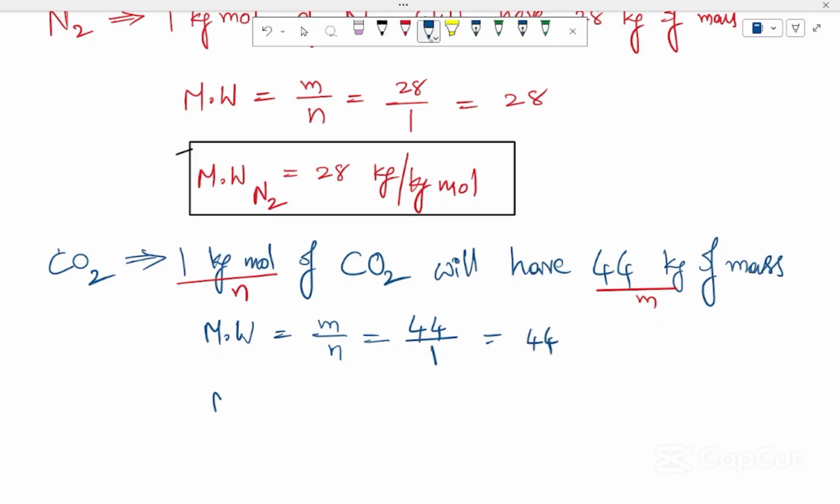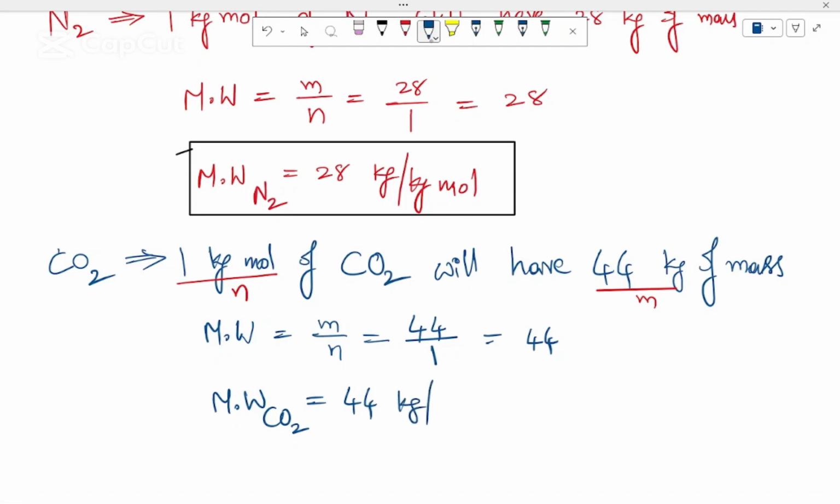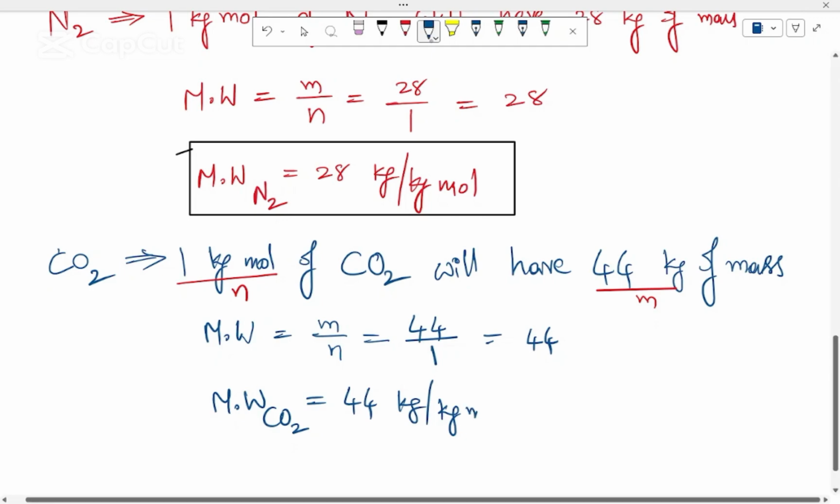So what I got here is the molecular weight of CO2 will be equal to 44 kg per kg mole.